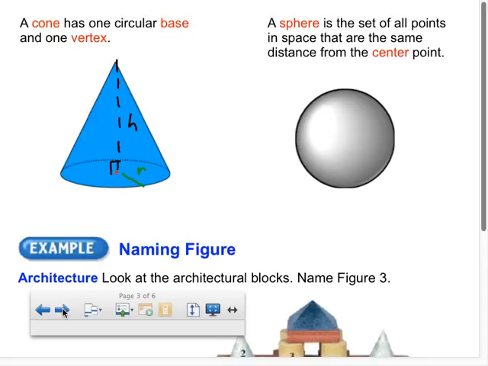So often, a sphere, they'll draw it in a way that if you were to cut the sphere in half into 2 hemispheres, anybody here ever cut an orange in half? Yes.